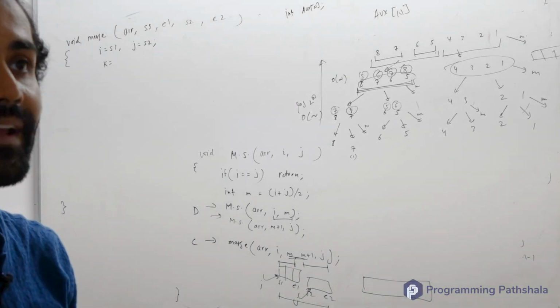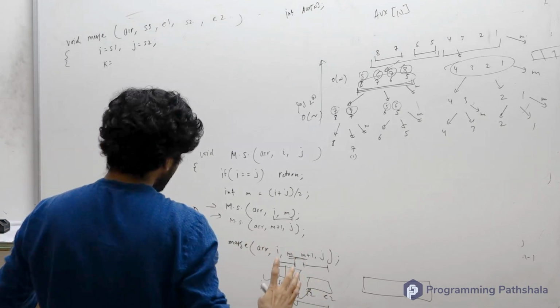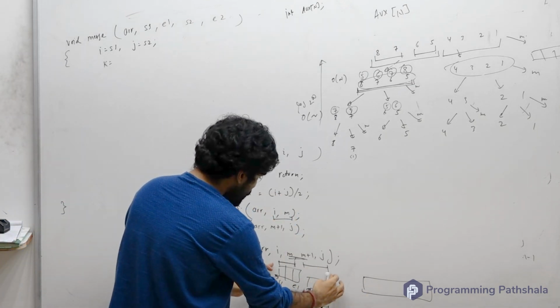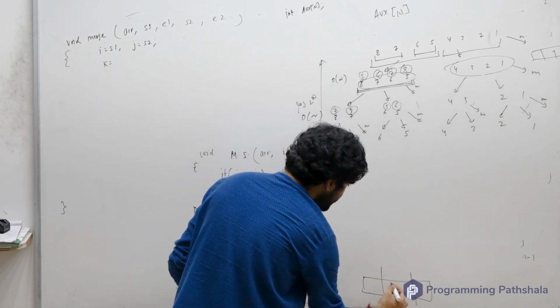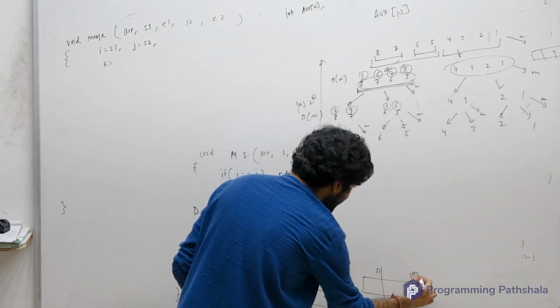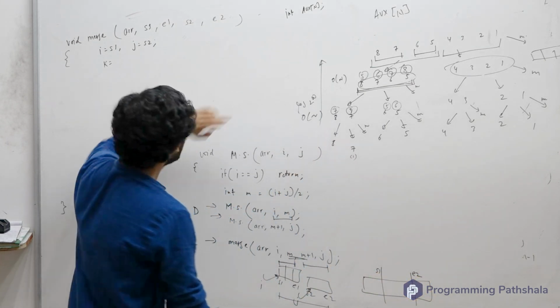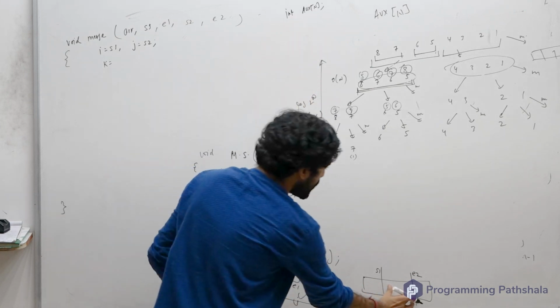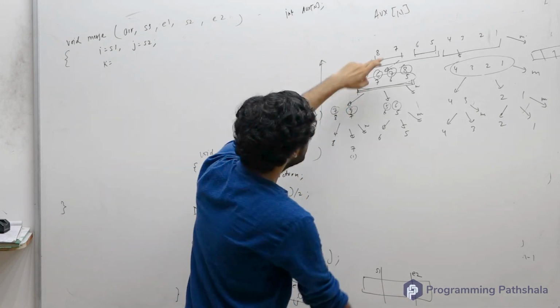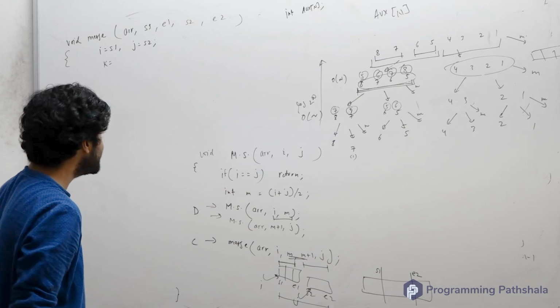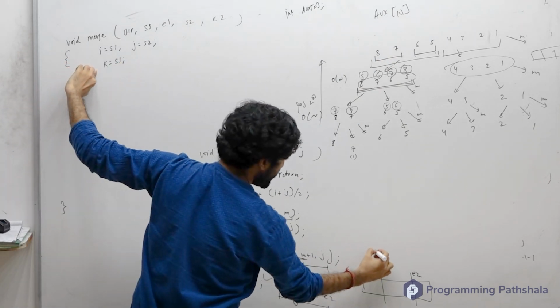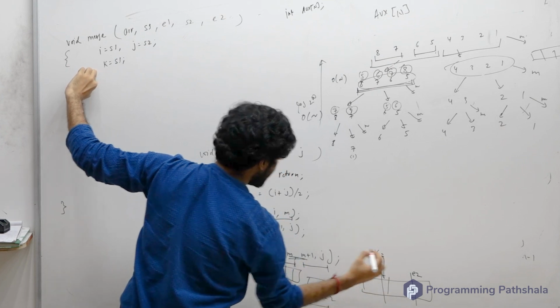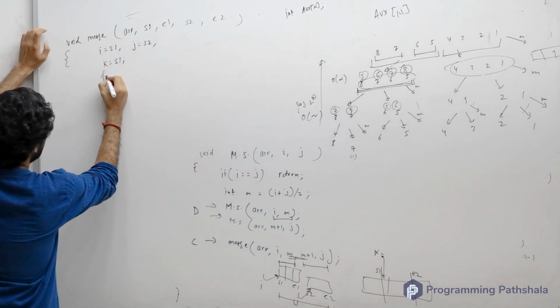So you can store the sorted form of elements from S1 to E2 at the index S1 to E2 only in the auxiliary array, and then copy that auxiliary array back to the input array, which is your original array. So I would initialize my k equal to S1.